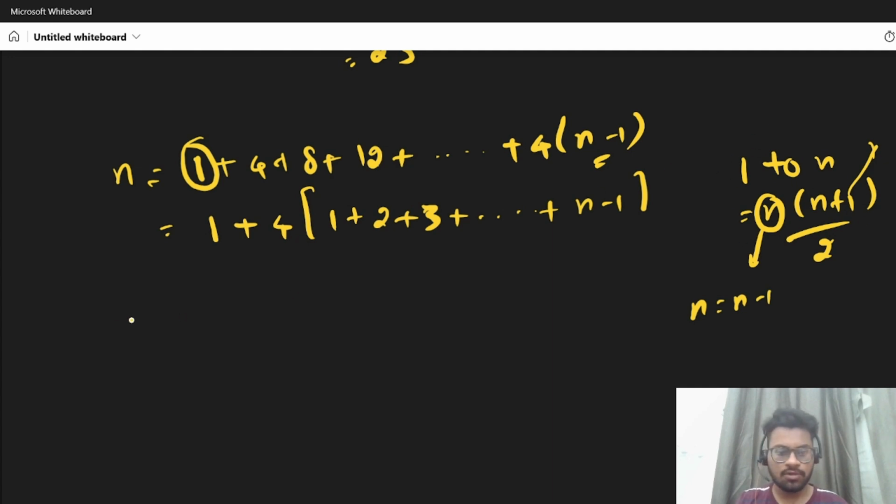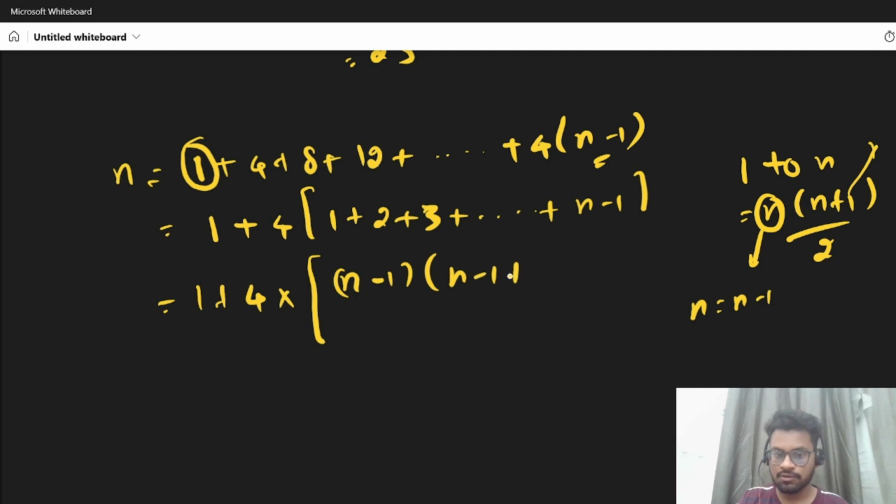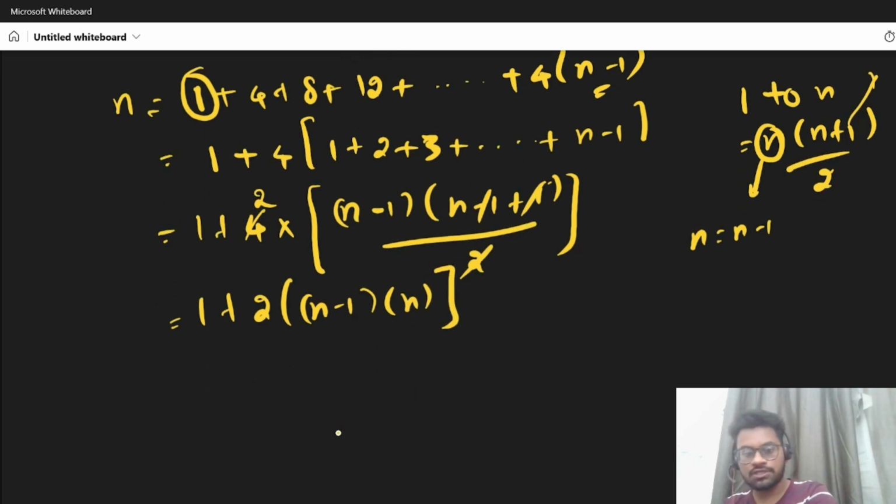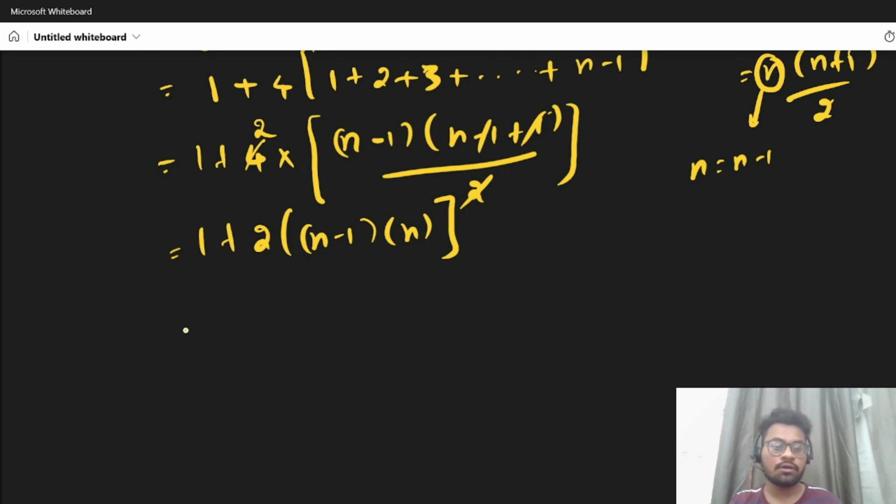So using this formula: 1 plus 4 into (n minus 1) into n by 2, which is basically 1 plus 2 into n into n minus 1.